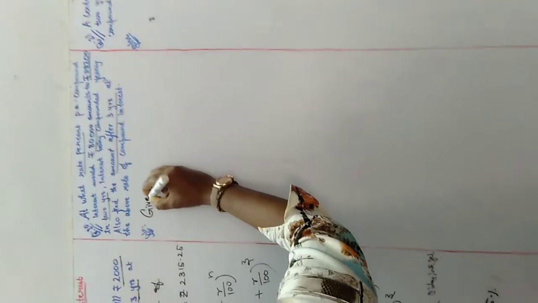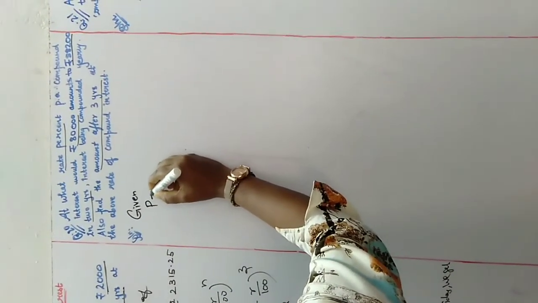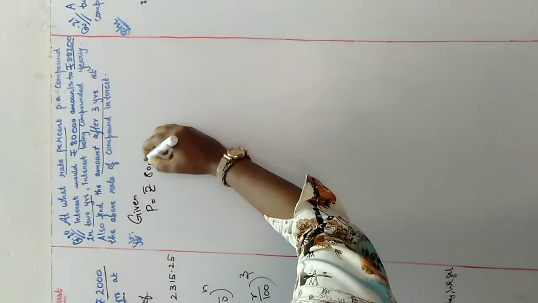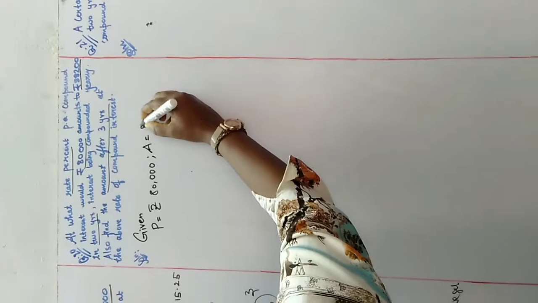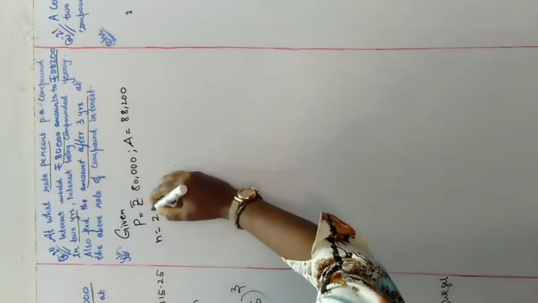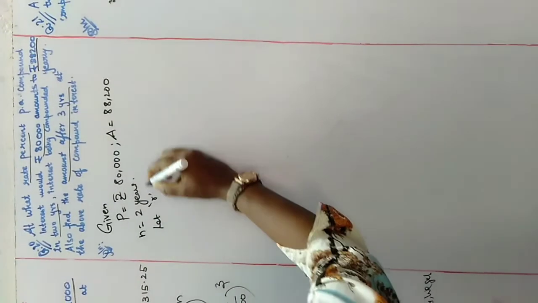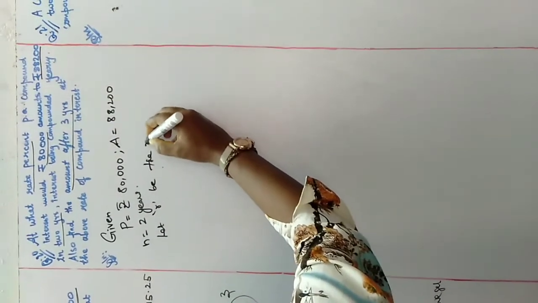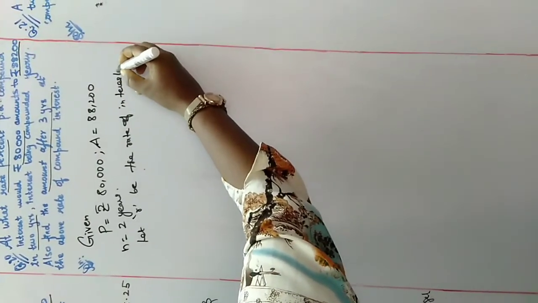Okay, so what is given here? Given P equals 80,000 and A equals 88,200 and n is 2 years. So let R be the rate of interest.